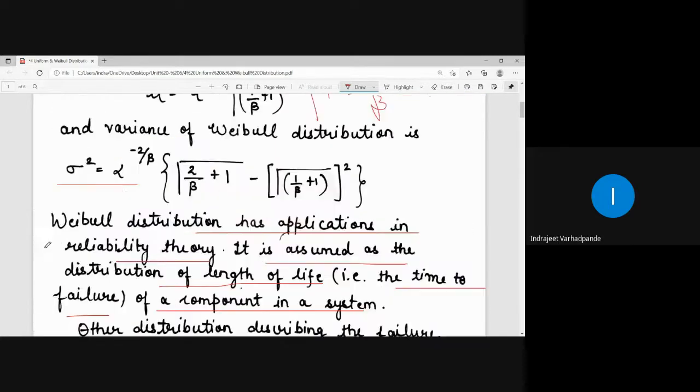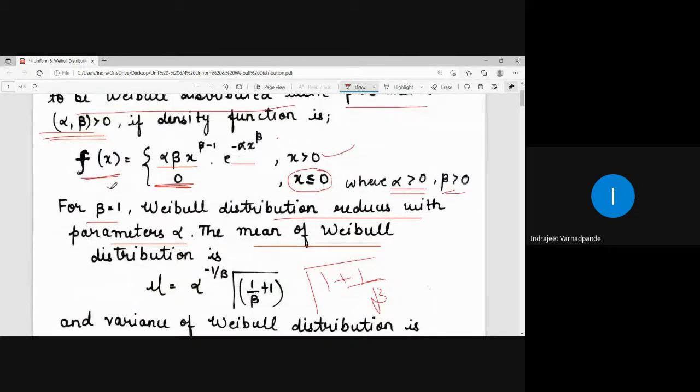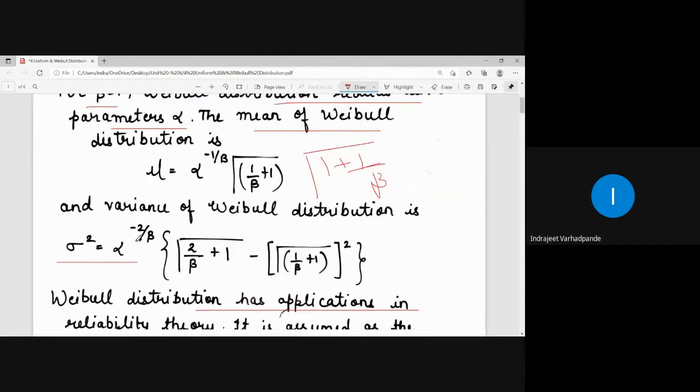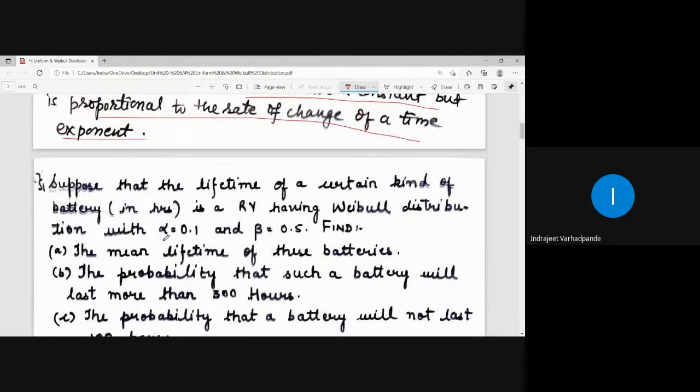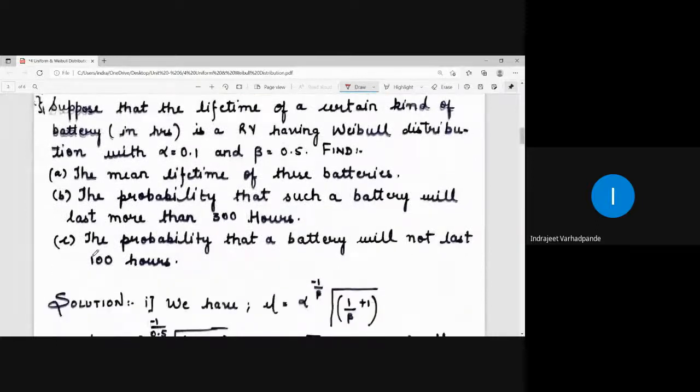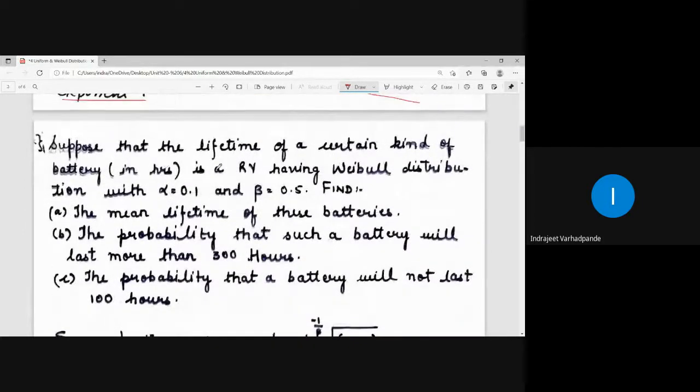So kindly remember the formula for the Weibull distribution, the density function, and the example related to it. Suppose that the lifetime of a certain kind of battery in hours is a random variable having Weibull distribution with alpha as 0.1 and beta as 0.5.